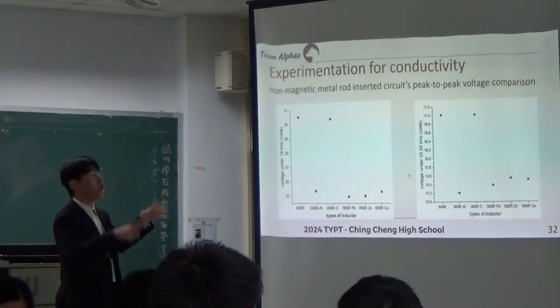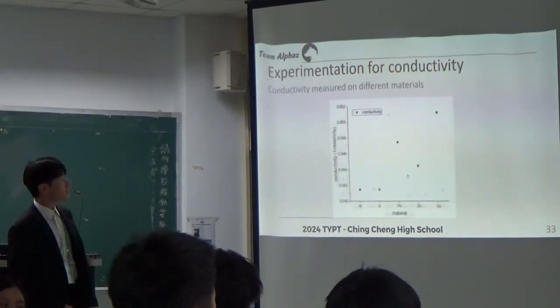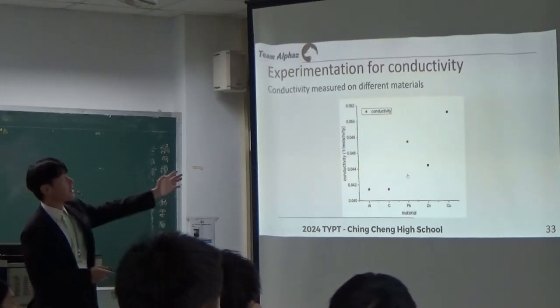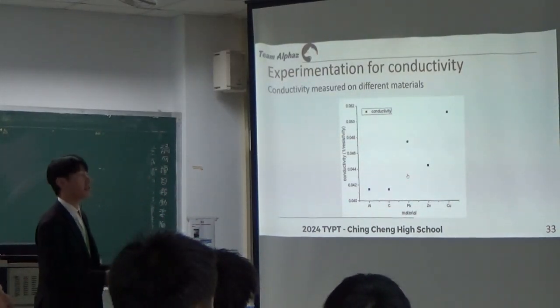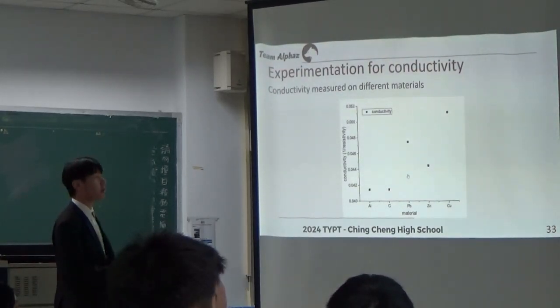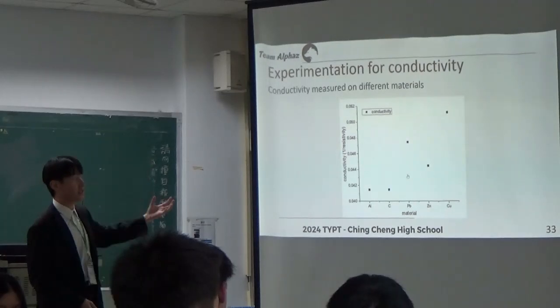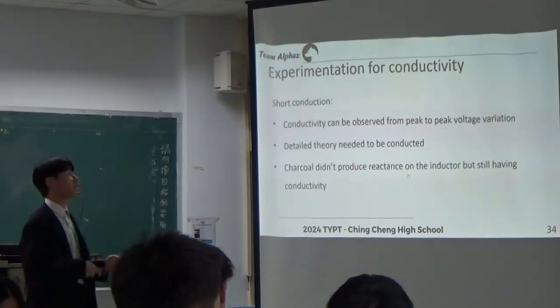The charcoal didn't change the impedance, the reactance of the inductor. And also here is the measured conductivity value for the exact material. But it's strange why the charcoal won't change the reactance of the inductor. And we'll be discussing that later.